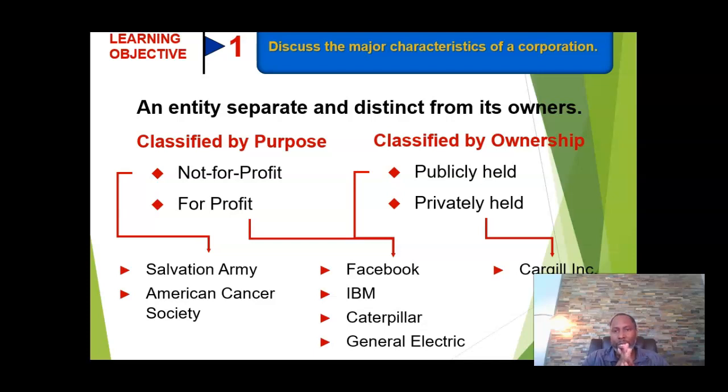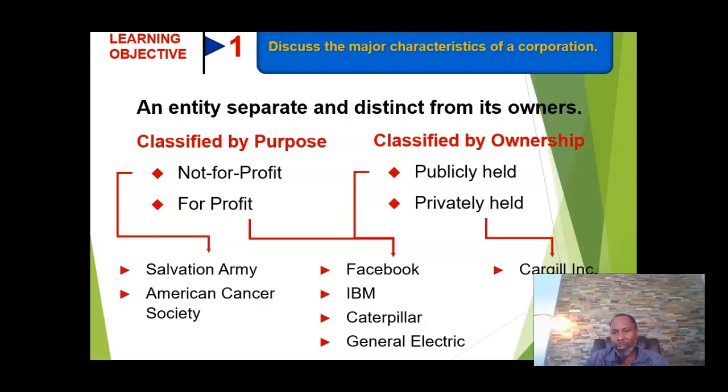When it's a publicly held corporation, it means that organization sells stock on an open stock exchange market. If it is a privately held corporation, you are not able to acquire stock on the open stock exchange market.